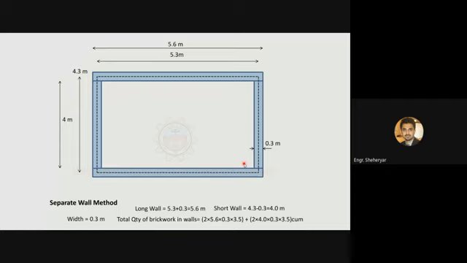First, I'll repeat your question. You are asking that you want to take the shorter wall as the long wall and the longer wall as the short wall. Is it like this? Yeah, like if that was the case for BCC, I want to change it for the first foundation.